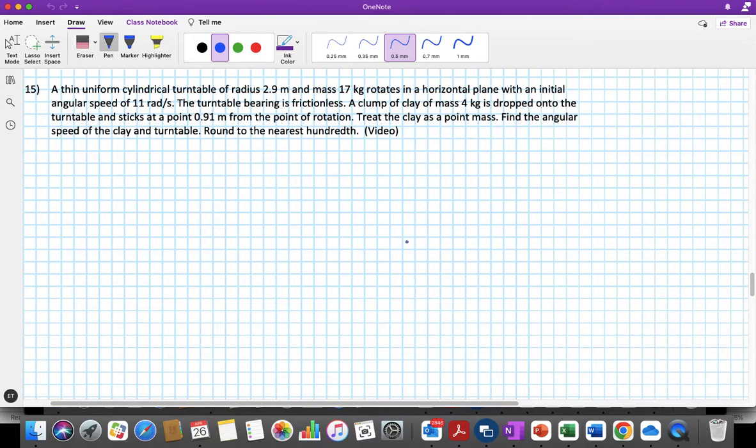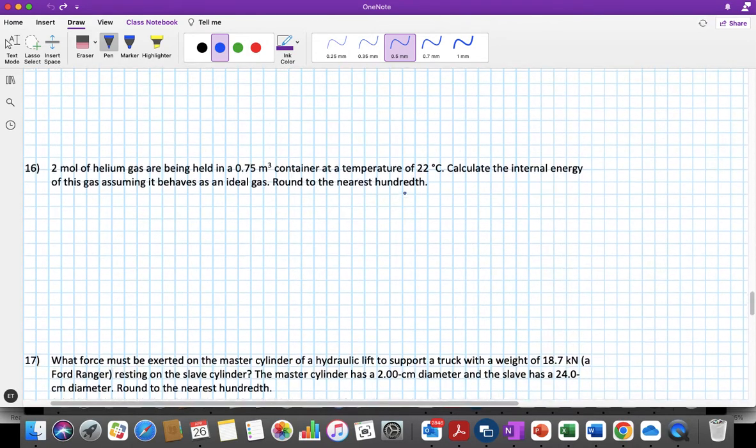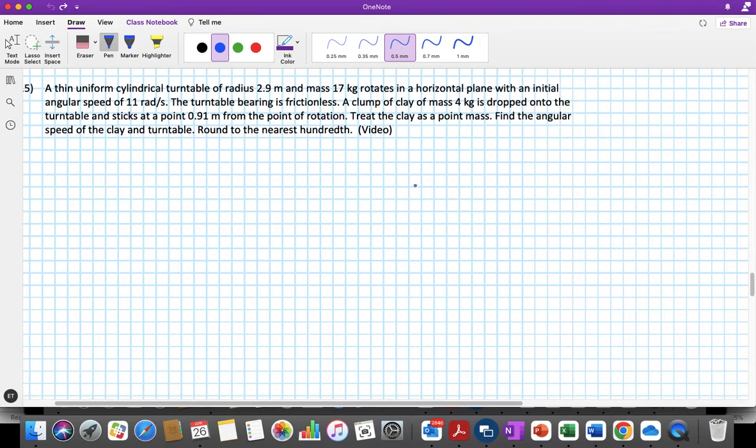Okay, just like I said in the other video, I'm going to add a number so when I write my subscripts, I know what I'm talking about. For instance, the turntable, which is kind of like a cylinder, right? And sorry about that, I'm getting dizzy. There you go.